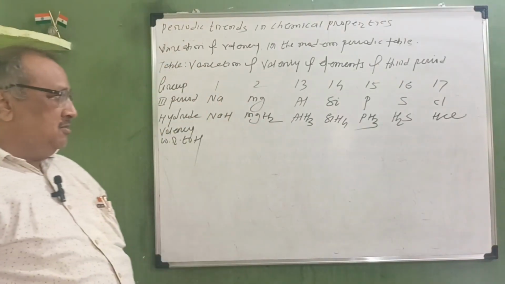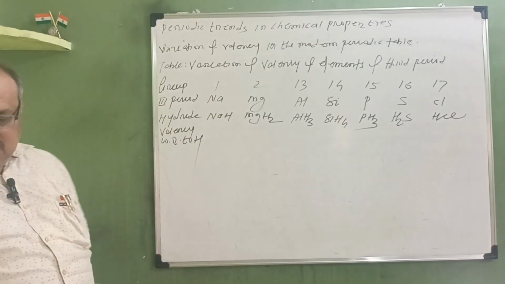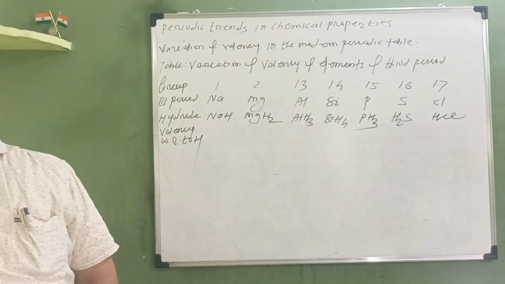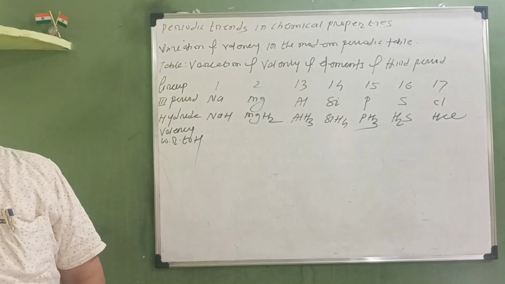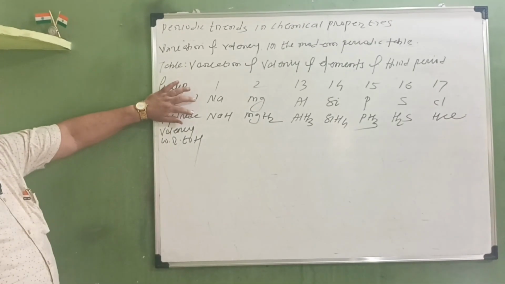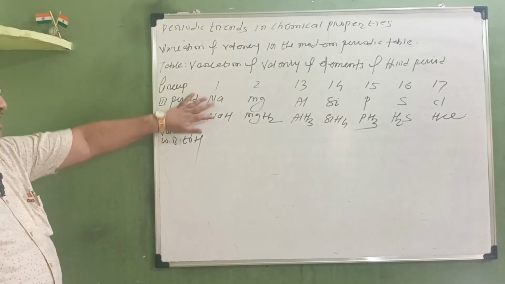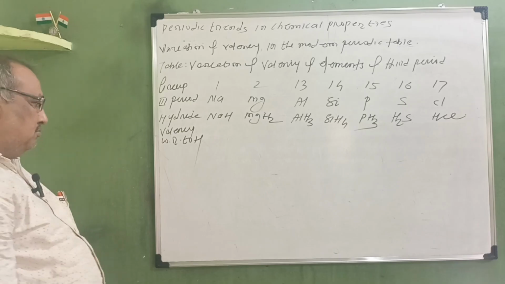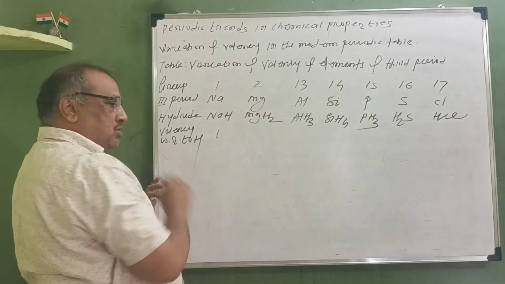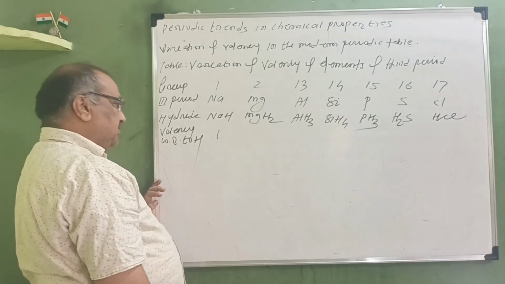Now we have only one hydrogen atom attached to the sodium, and hydrogen atom is monovalent. So valency of sodium is equal to the number of hydrogen atoms. Here hydrogen is 1, so valency of sodium is also 1.